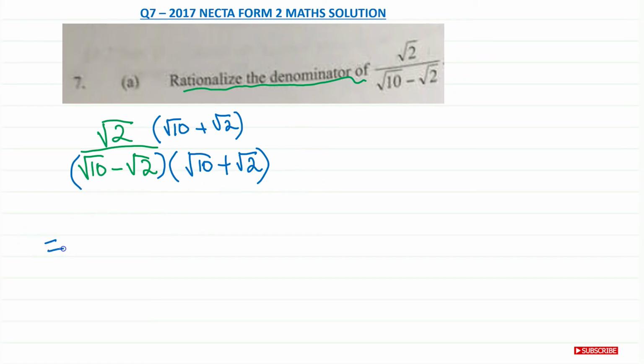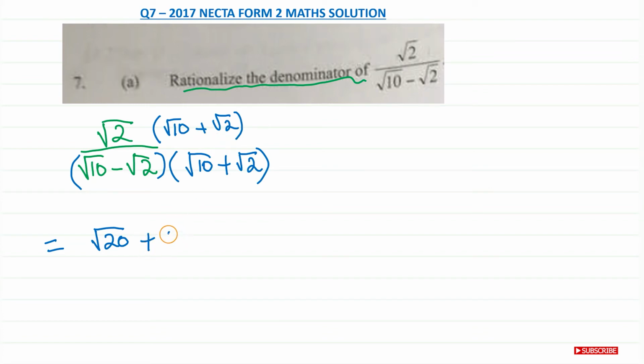We can multiply this out. So if I multiply this out, I will get √2 times √10, which is square root of 20, and then √2 times positive √2. So √2 times √2 will give you a 2.